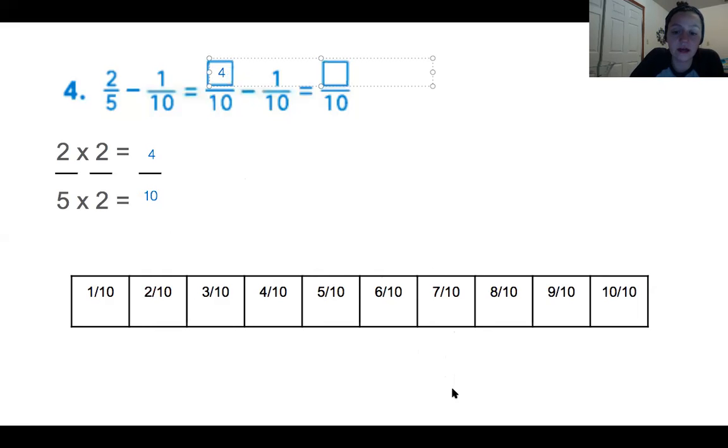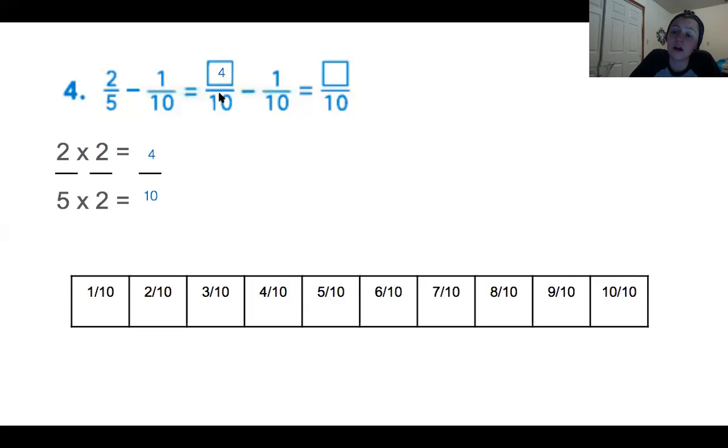Now, like I said, the problem asks you to solve it using a model. As you can see down here at the bottom of the screen, I have set up a model for us. Since our denominator is 10, I drew one long rectangle and divided it into 10 even parts, because now this rectangle shows me tenths.